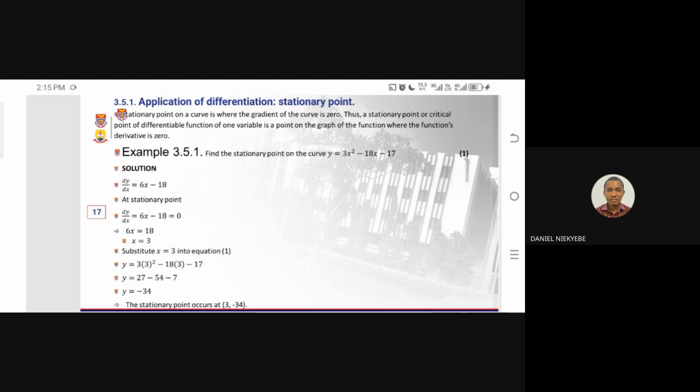Okay. So the next example is we have y is equal to 1 over 3 x cubed plus 2x squared minus 12x plus 5. So for this one too, we have to find the first derivative. When we find the first derivative, we are going to get x squared plus 4x minus 12. So you equate your first derivative to 0 so that you will be able to get your x values.